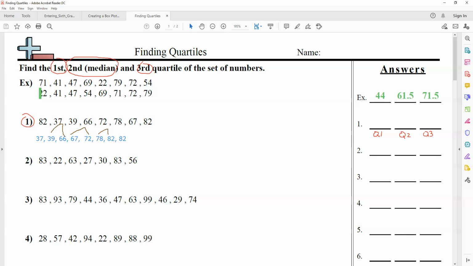Wait, that's too small. Did you add them up, divide by 2? I think it's 50. So if you can't find the middle, you're just gonna add 33 and 39 and 66 and then divide by 2. 52.5. I think. Okay. And write it on your screen on the right.